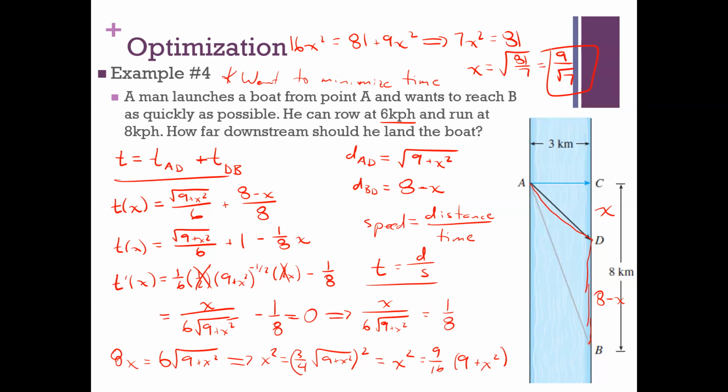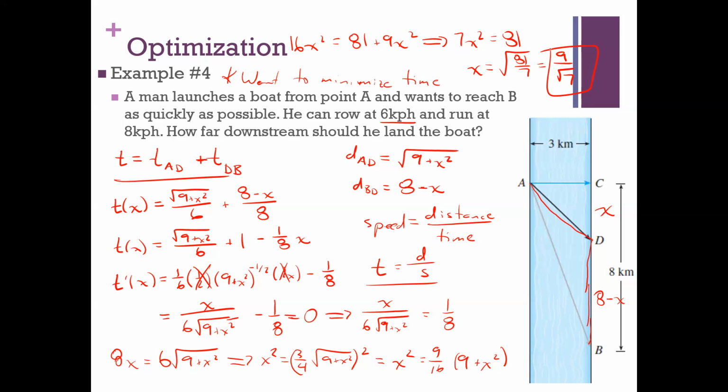Because I am totally out of room, I'm not going to write anything else down, but what really should we do to finish this thing off? Make sure that's a minimum. So how would we make sure that's a minimum? Number line thing.